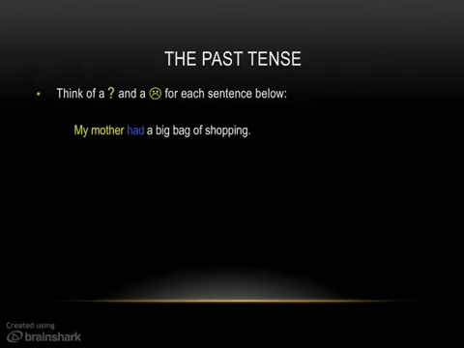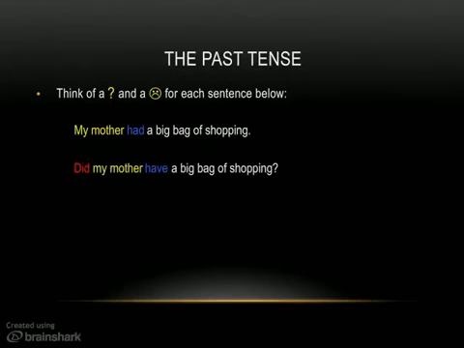Okay, here it is. Make the question. This one was a bit harder because you had to think of the irregular verb, onregelmatige werkwoord, hebben, have. My mother had a big bag of shopping, verleden tijd.